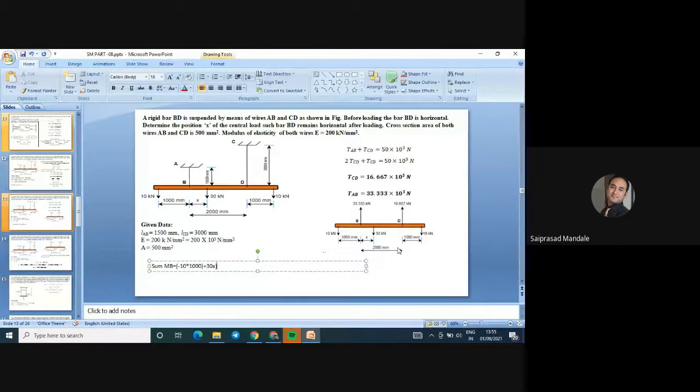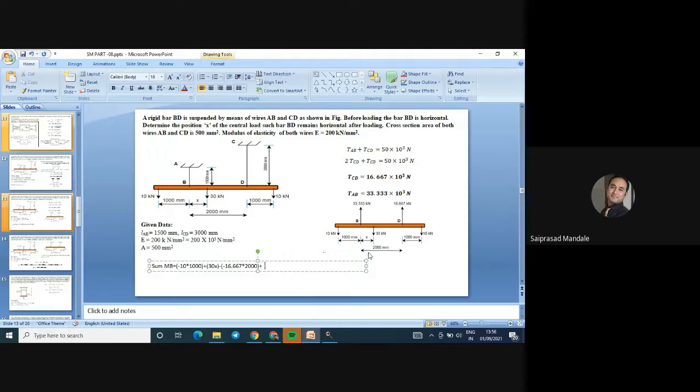I'm putting it into brackets so that it is easy to understand. Then minus 16.667 into 2000.